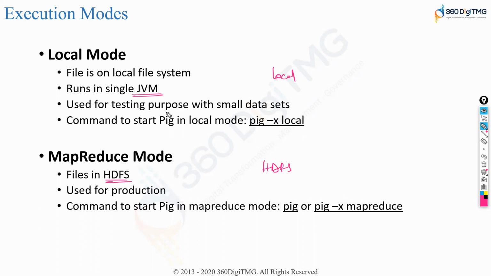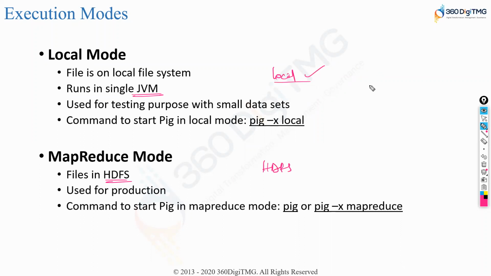Now, if you're working on, let's say, testing purposes, or dealing with some kind of POC on sample data, then we prefer the local file system. I don't need a distributed computing environment for computing the data. Your data is a single file located on a local file system, so you simply take the data and execute it.